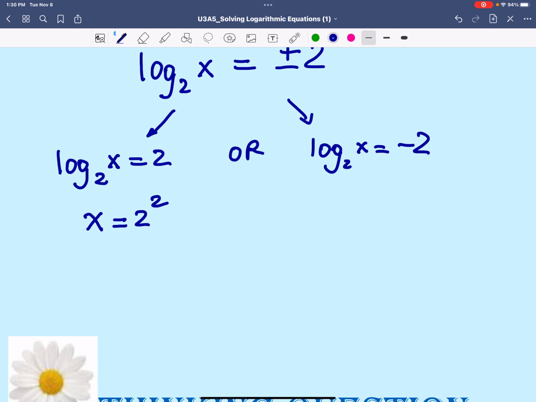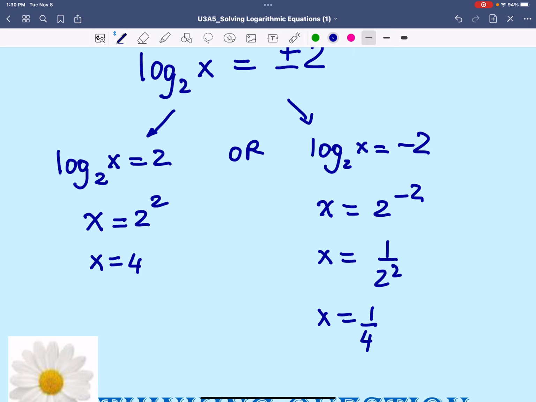So that will give x a value of 4. Now, if log with base 2 of x is negative 2, that means that x must be 2 to the power negative 2, or 1 over 2 squared, or 1 over 4.